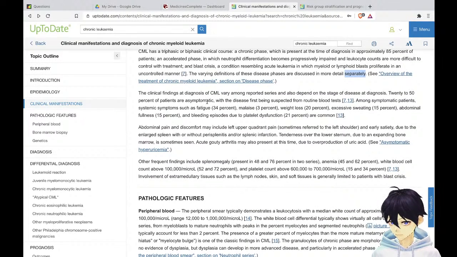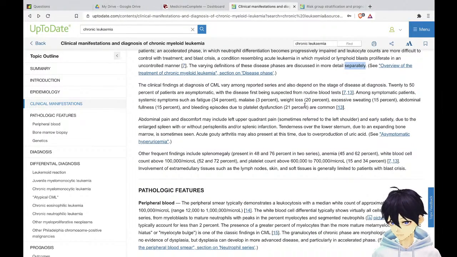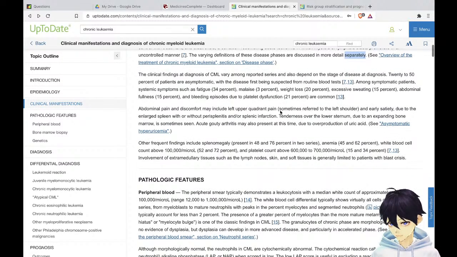The clinical findings at diagnosis of CML vary among reported series and also depend on the stage of disease at diagnosis. 20 to 50% of patients are asymptomatic, with the disease first being suspected from routine blood tests. Among symptomatic patients, systemic symptoms such as fatigue, malaise, weight loss, excessive sweating, abdominal fullness, and bleeding episodes due to platelet dysfunction are common.